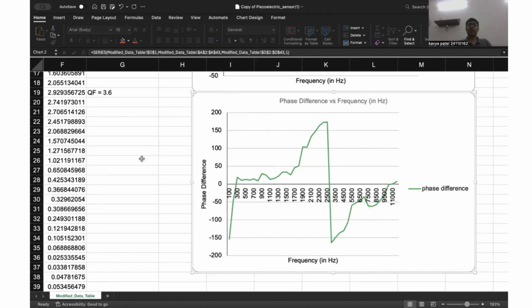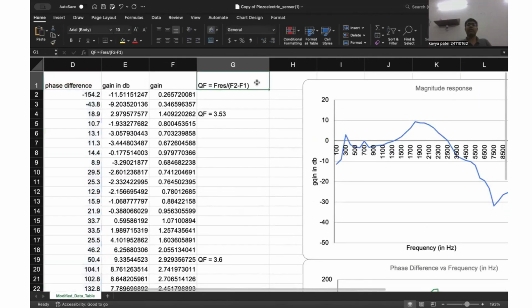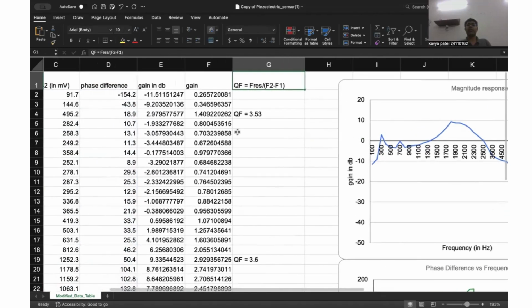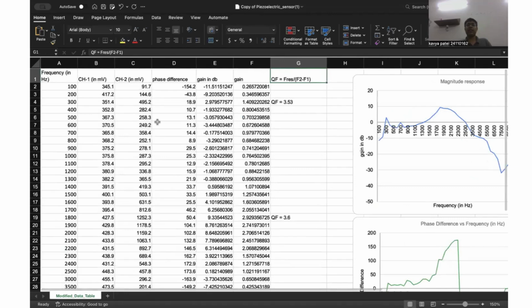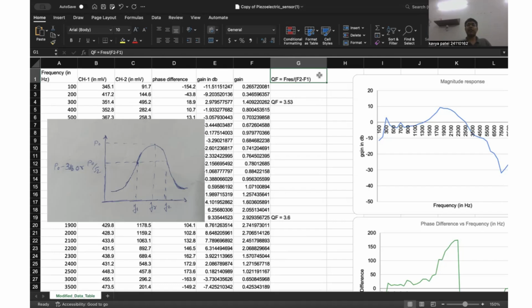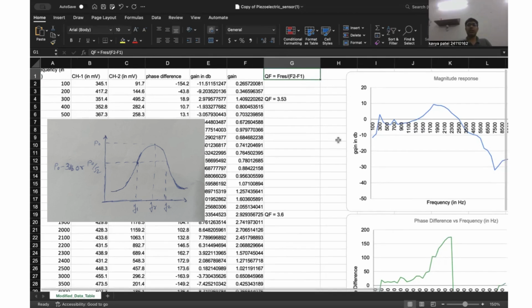Quality factor. Quality factor is the measure of sharpness of the resonance. A higher quality factor means a sharper and more defined resonance peak, indicating that the sensor is more selective and efficient at this frequency. To calculate the quality factor, we use the following formula, Q equals Fr over (F2 minus F1), where Fr is the resonance frequency and F2 minus F1 is the bandwidth around the resonant frequency, which is the range where the magnitude falls to 1 by root 2 of the peak value, or minus 3 decibels of the peak value.